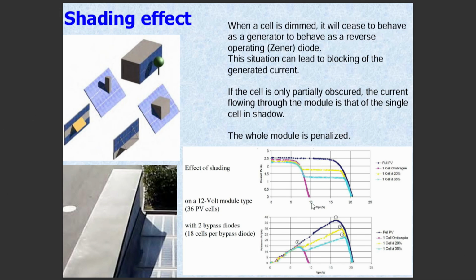You can see here the effect on the intensity depending on the number of cells that are in the shadow. In yellow, there is 20% of the cells of the module in shadow, in blue 35%, and you see the impact on the power is huge.